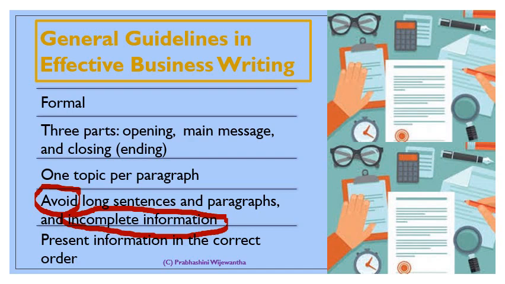One may use the chronological order. What is the chronological order? That means you mention it in the sequence, like, let's say something like this. On 12th of March 2020, schools in Sri Lanka were closed due to the COVID-19 outbreak.